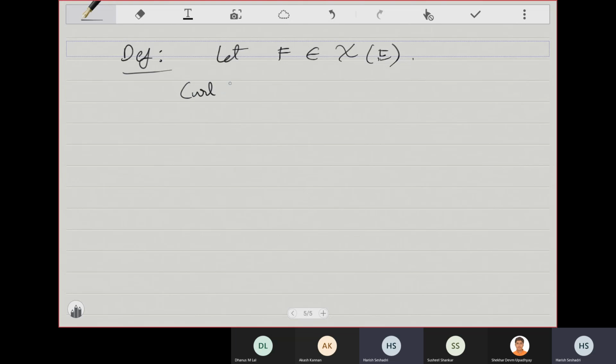The curl of F, denoted by this symbol, which I'll put in quotation marks because the individual terms don't have any meaning other than what comes on the right hand side, so this is to be taken as one whole thing, is D2 F3 minus D3 F2 times e1, plus, well, you know the stuff, right?